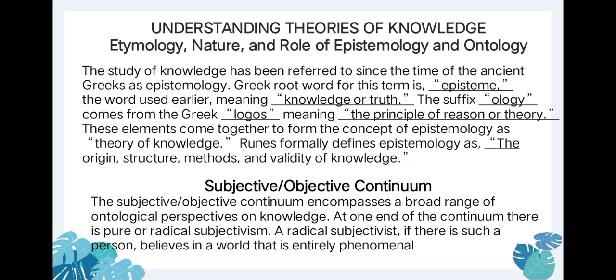Rand formally defines epistemology as the origin, structure, methods, and validity of knowledge. Subjective or objective continuum. The subjective or objective continuum encompasses a broad range of ontological perspectives of knowledge.